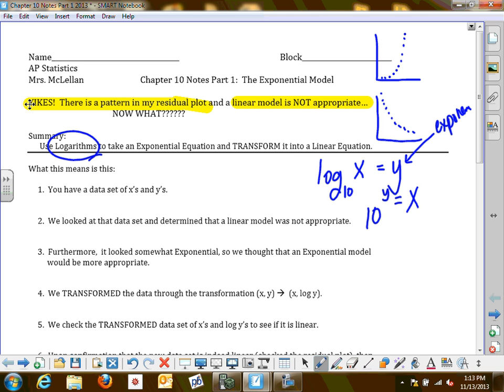But I want to first talk about exponential transformations. An exponential transformation happens if you have data like up here, and it's increasing very rapidly. Much more than just a parabola, much more than just an x squared.